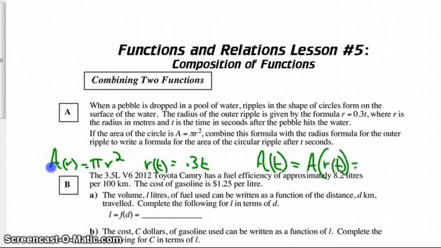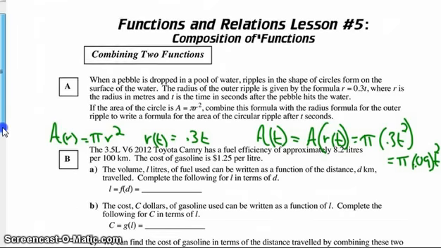Wherever you used to see r, you now replace it with r at t, and therefore we have pi times 0.3 t squared, which makes that new formula equal to pi times 0.09 t squared. And so now that will give you the area of the circle at any given moment in time, not just at every given radius. So that's an example of a composite function.